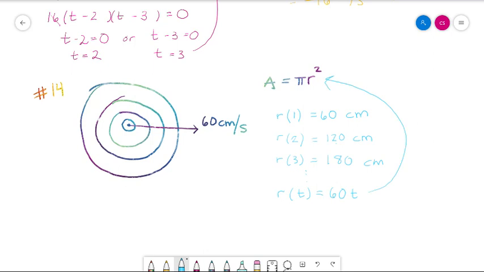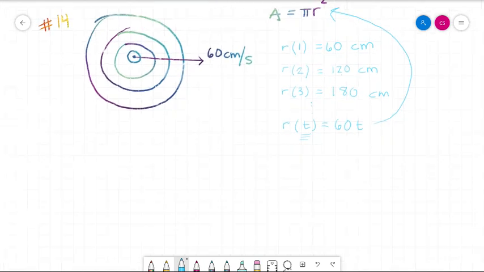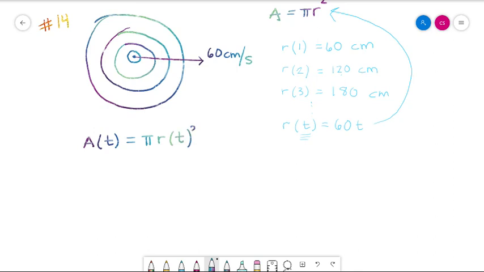So the area is a function of the radius, and the radius is a function of t. So our area function is really a function of time, because as time increases, we can clearly see that the circles are getting bigger, so the area is going to increase. So it's going to be pi r of t squared.